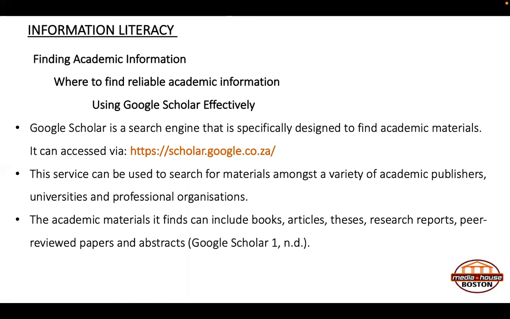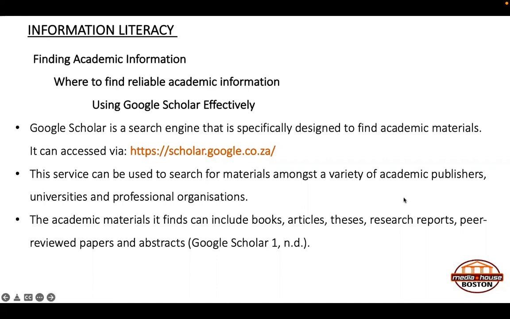So guys, this is a really cool tool, an excellent tool to use to find academic material. It's Google Scholar. Has anybody used Google Scholar? Is this the first time you're hearing about Google Scholar? So we can access information from a variety of academic publishers, universities, and professional organizations.